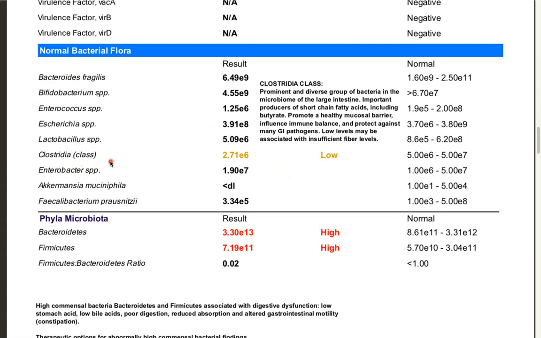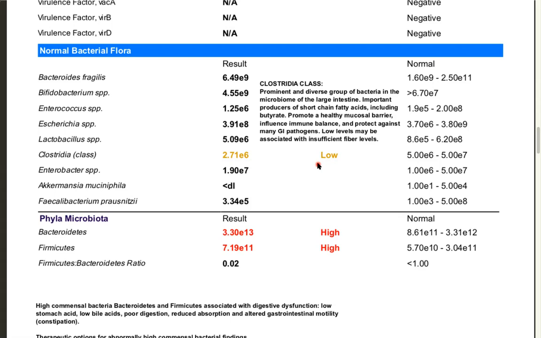Clostridia class of bacteria is low. And so this class of bacteria is pretty important because they're our main butyrate producers, which maintains healthy mucosal barriers. So it maintains that mucus layer that prevents pathogens from getting inside of us. We don't want that number to be too low, and we don't want it to be too high. So in this case, it is a bit low.